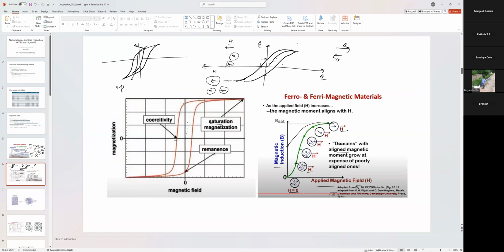This one has lower area, so this is a soft magnet. And this has larger area, so it is a hard magnet. How much will be usable is related to the larger area.